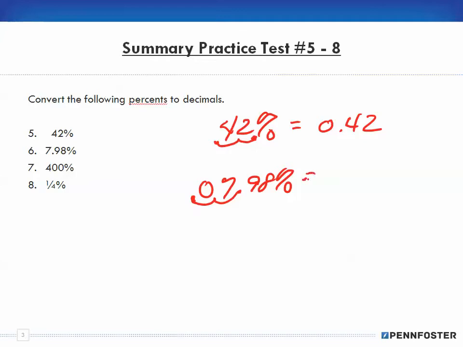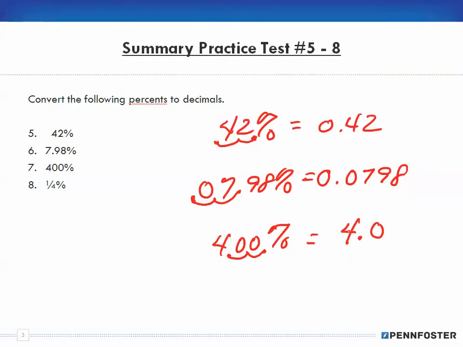So I end up with 0.0798 as a decimal. 400%. There's where my decimal is, 1, 2. So that's equivalent to 4.0.